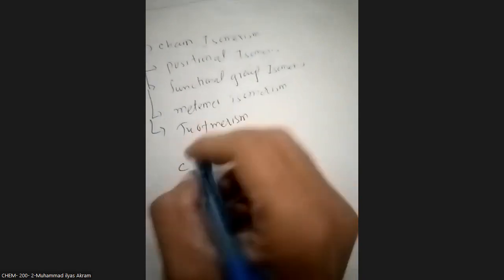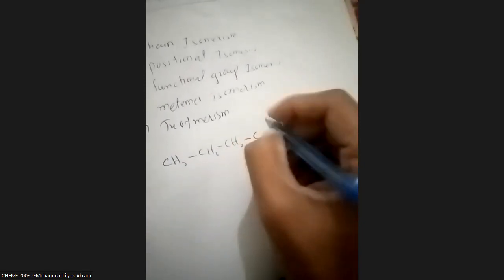Chain isomerism represents compounds that have the same molecular formula, but we can represent them in different structures. So take this example: this is a pentane compound containing 5 carbon and 12 hydrogen.